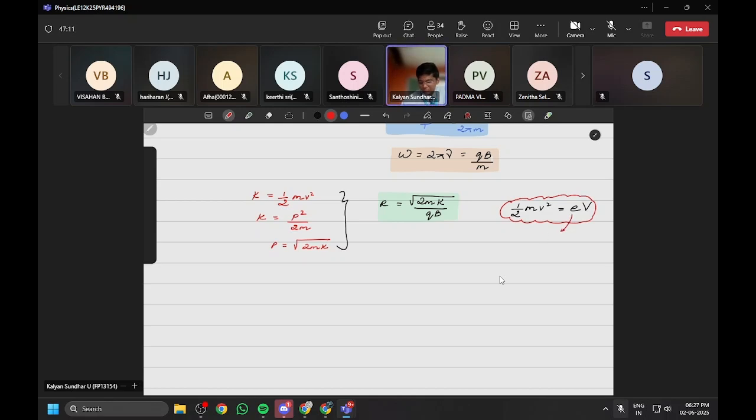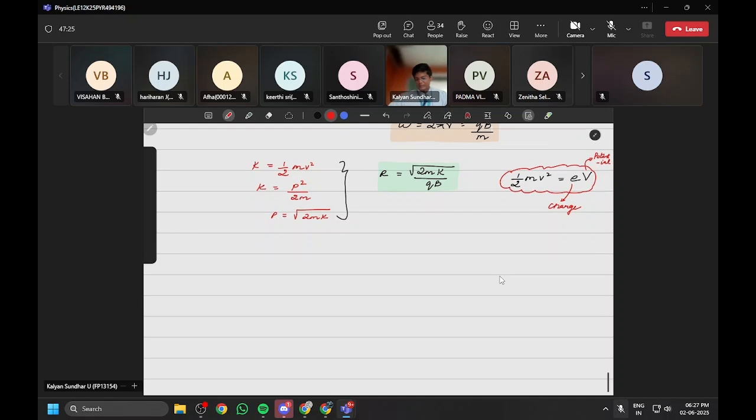So this is the charge of the electron, and this is your potential. So your r value will be in terms of the square root of 2m eV by qB. Are the charge and the V the same or different? Same, right?